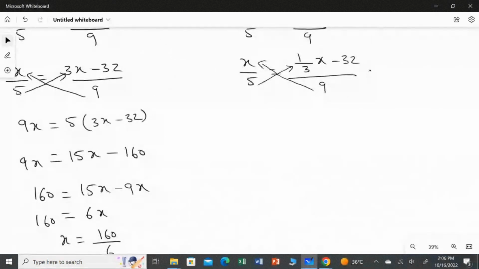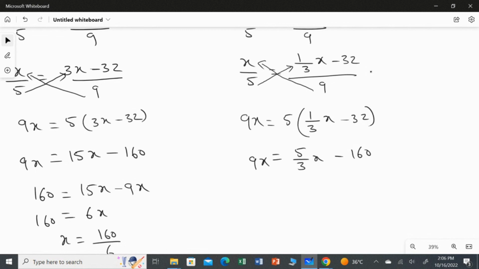By that, the equation becomes 9x is equal to 5 multiplied by (1 over 3 times x minus 32). Now you have to multiply this 5 inside the bracket. So 5 over 3 times x minus 5 multiplied by 32, again it's 160. On the left hand side we got 9x.